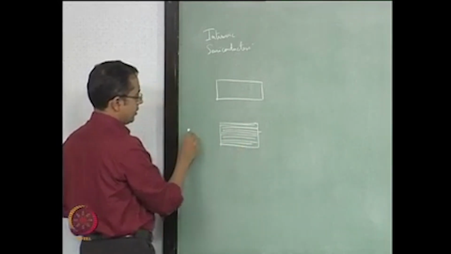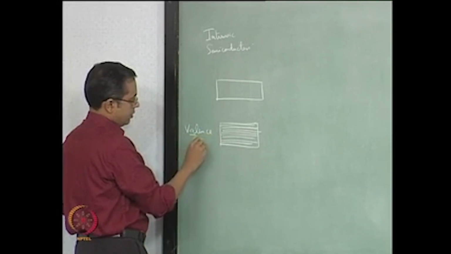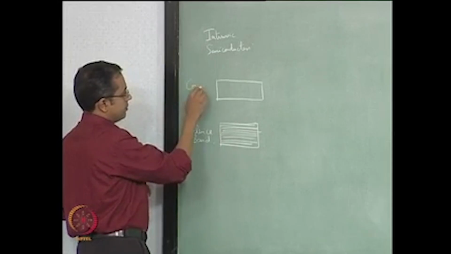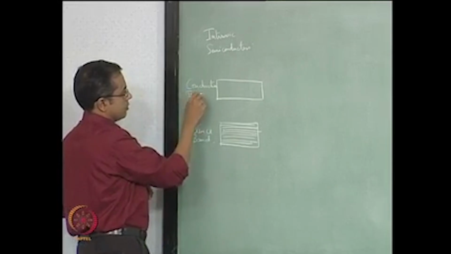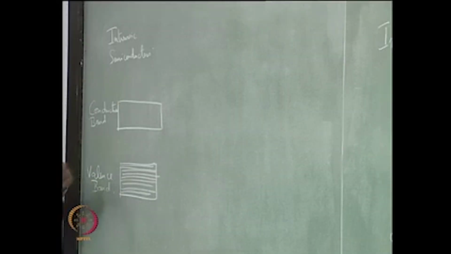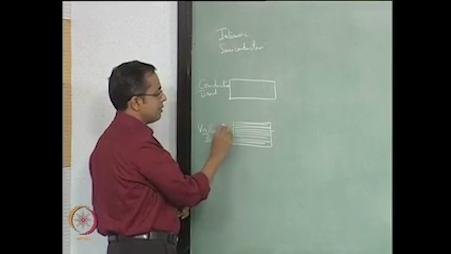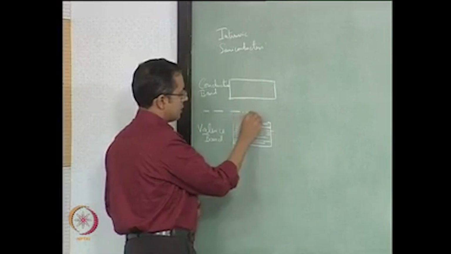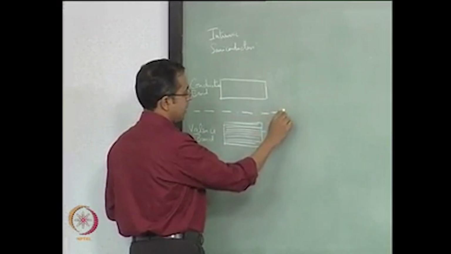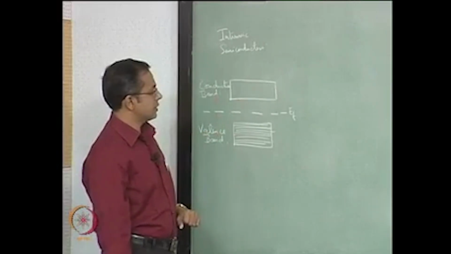So this is the valence band, and that is the conduction band. In terms of what we have discussed, the important parameter of relevance is the Fermi energy, and for an intrinsic semiconductor the Fermi energy is defined as being the midpoint of this band gap. So this is where you have the EF, okay.